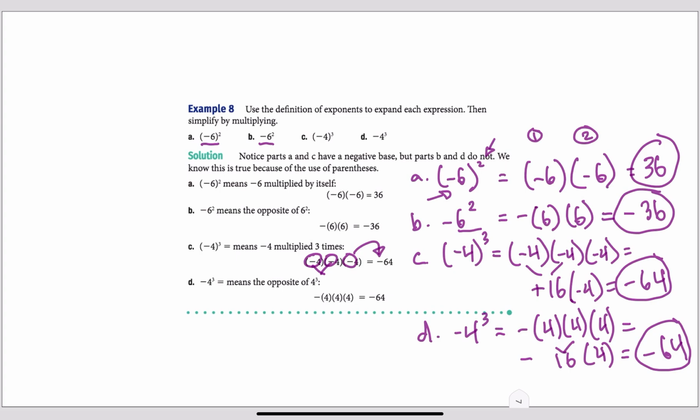And so 2 of them will pair up and make a positive. 1 will always be left over, just like the one that's left over when it's not included in the base. So this is really important. For sure, a problem like this will be on a test, so it's definitely one worth practicing so that you really understand when the exponent applies to the minus and when it doesn't. And it's all about what's included in the base, and that's why the parentheses are so helpful here.